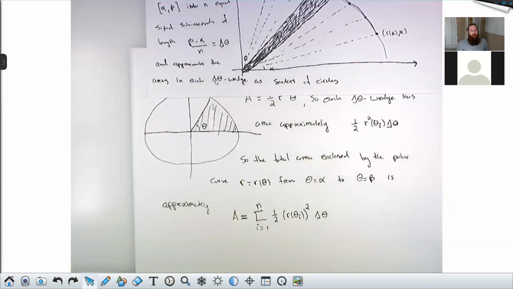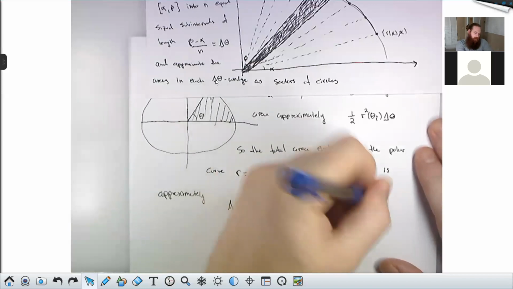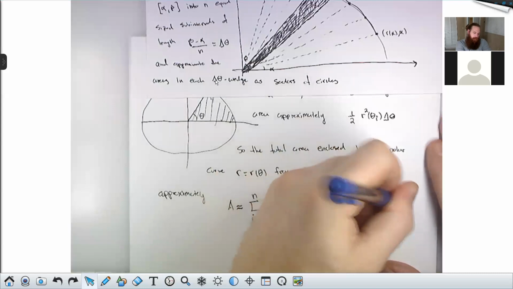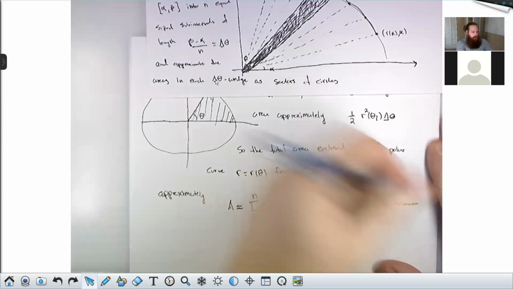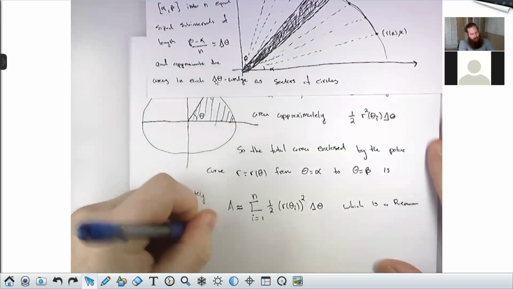But then we recognize this as a Riemann sum for the exact area.